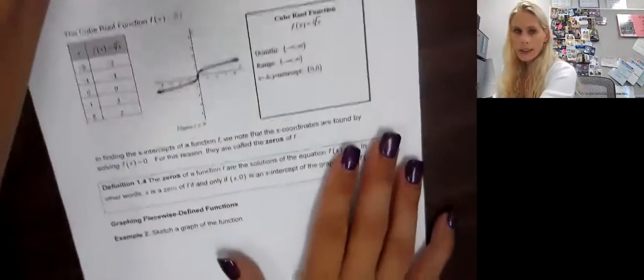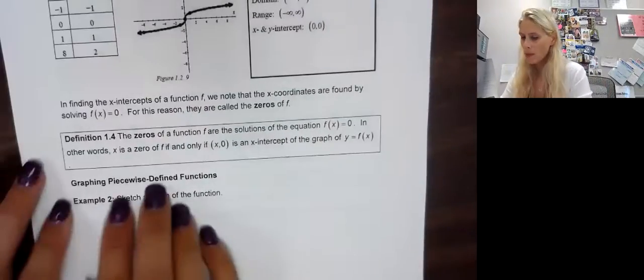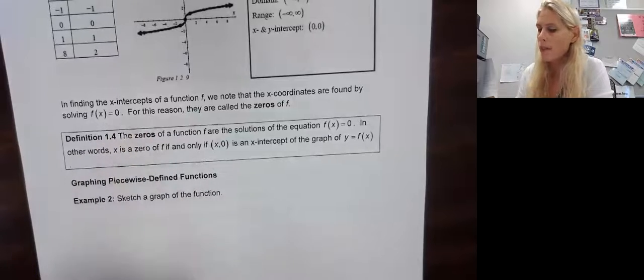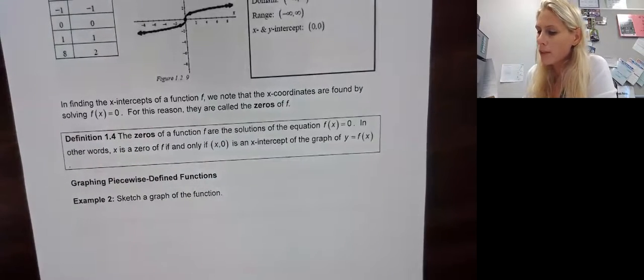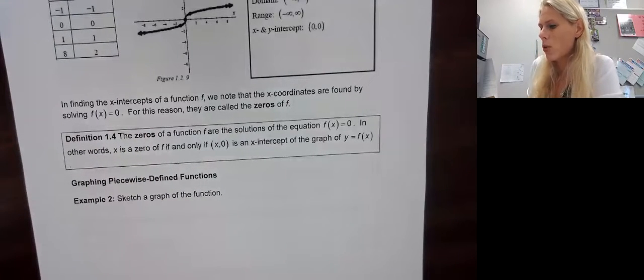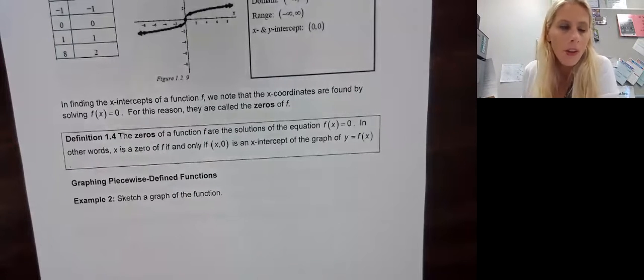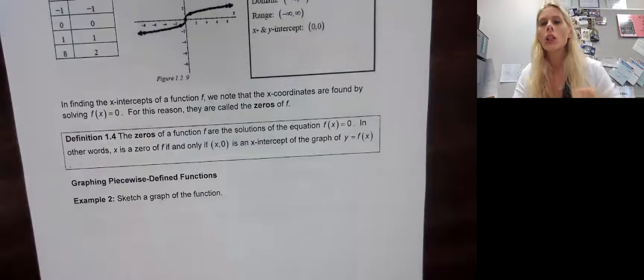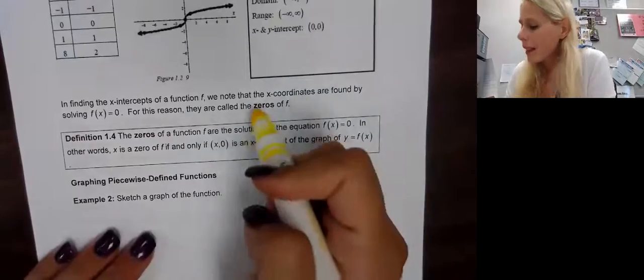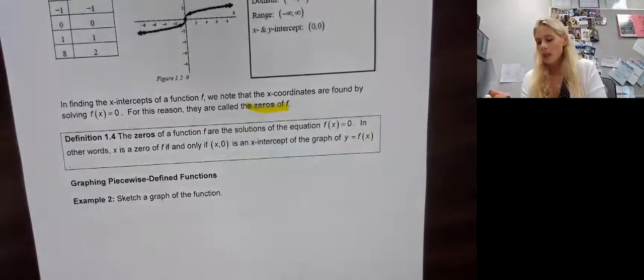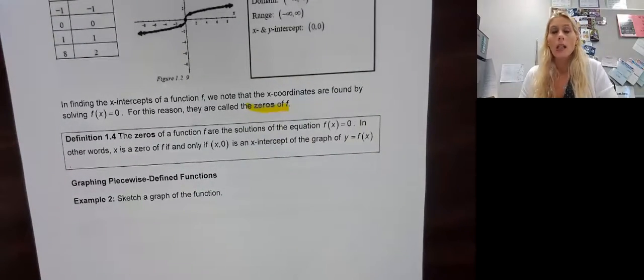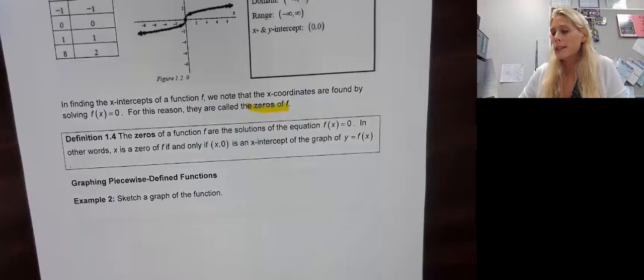All right, so let's go into what they're saying here with the graph. In finding the x-intercepts of a function, we note that the x-coordinates are found by solving f of x equals 0. For this reason, they are called zeros. So lots of times they can be called x-intercepts, solutions, or zeros.